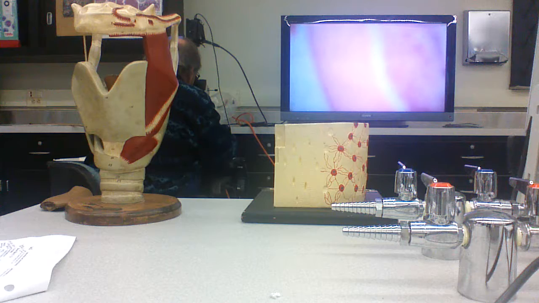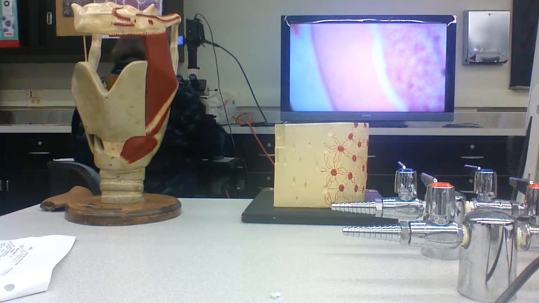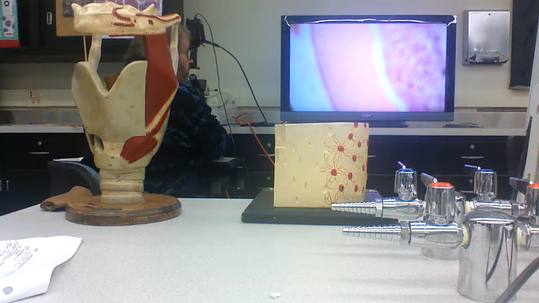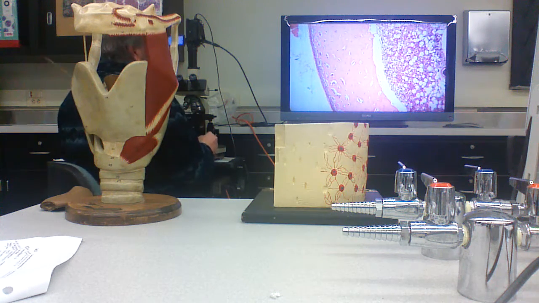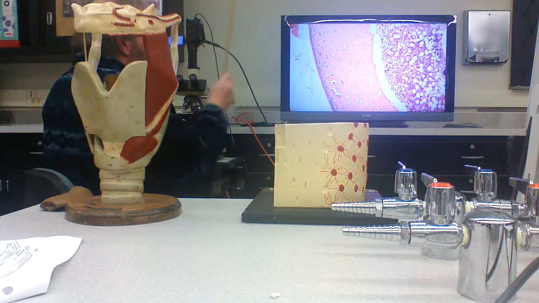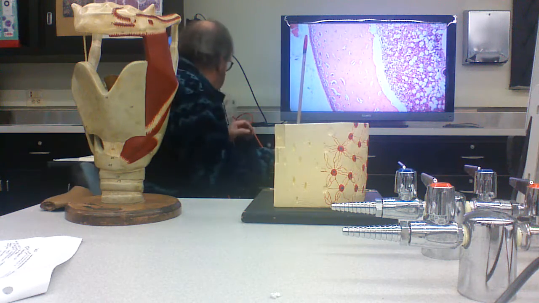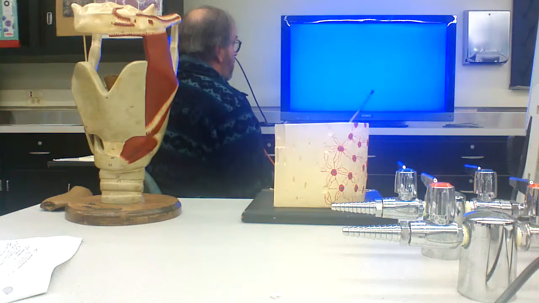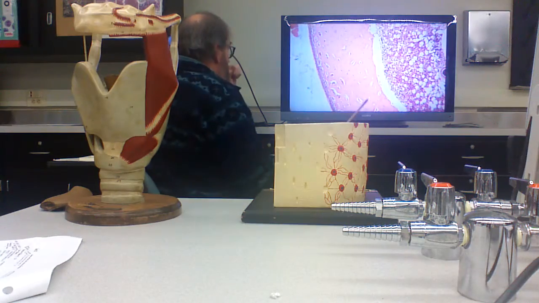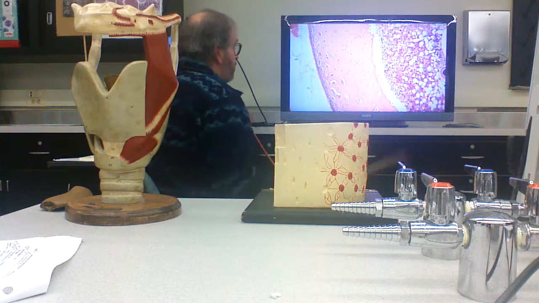Take a living bone and you preserve it. This is compact bone, and so the mineralization is gone. What's left is largely the extracellular matrix, which is full of collagen, so it tends to stay pink.